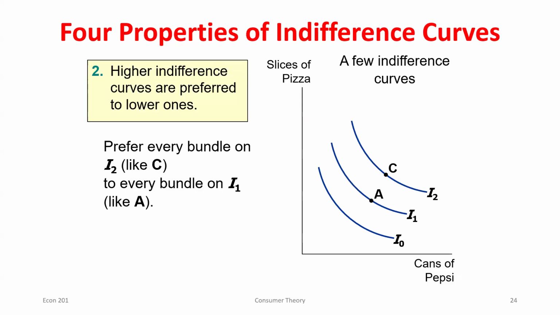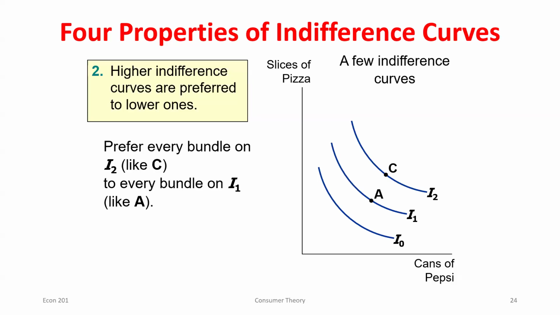So why do higher indifference curves, and luckily this is an intuitive result, result in higher levels of total utility? Well, because if I have the same amount of good X, if I'm on this higher indifference curve, however, the amount of good Y is going up, what has to be happening to my total utility?